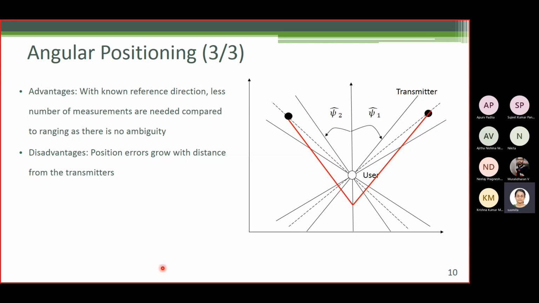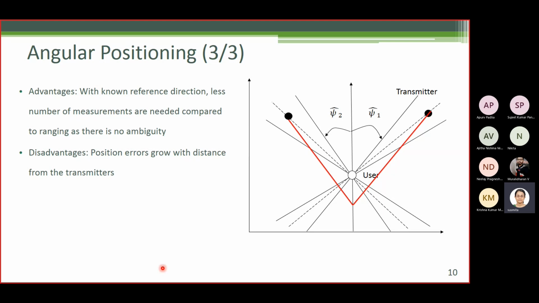Okay, so we have seen that in case of angular positioning, if the reference direction is known, for example, generally we use north as the reference direction and we can determine north using other instruments. So we can assume that the reference direction is known. With known reference direction, we need less number of measurements to unambiguously calculate the user position.